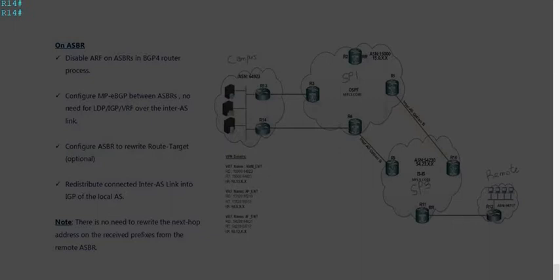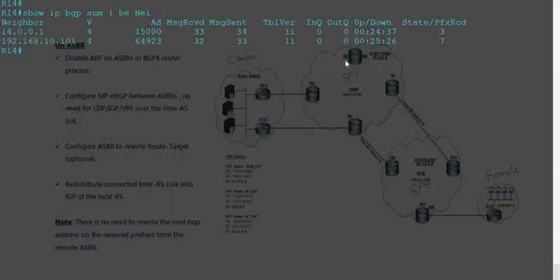While on R14, we have BGP also learned. Remember, R14 is meant to be a backup for that campus site. That is why we have a pairing between R13 and 14 on the 192.168 segment, while the 14.001 is R4 in this case.